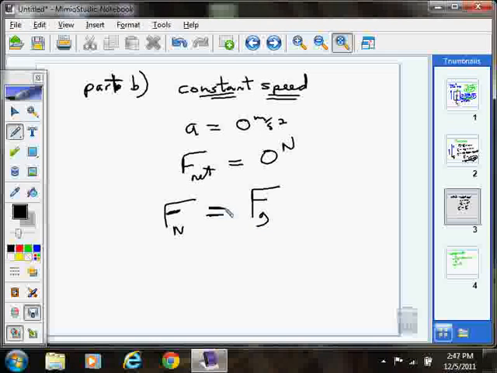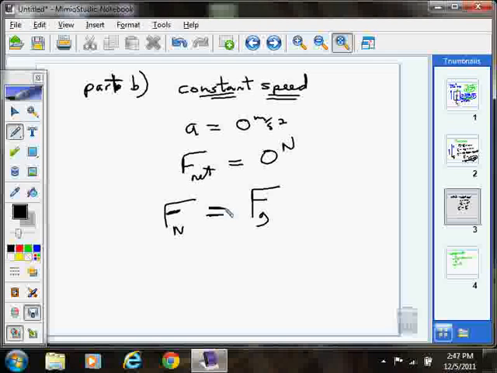A lot of people have a hard time with that because how could they be equal if the person's moving with a constant velocity? They weren't equal while the person was accelerating, but once the person gets up to speed, then they're equal.